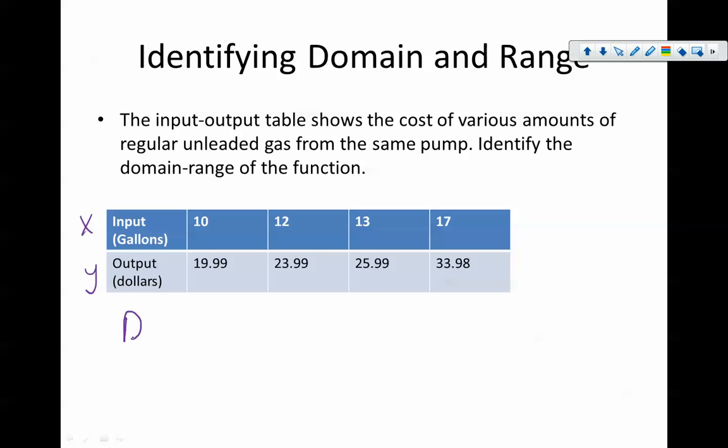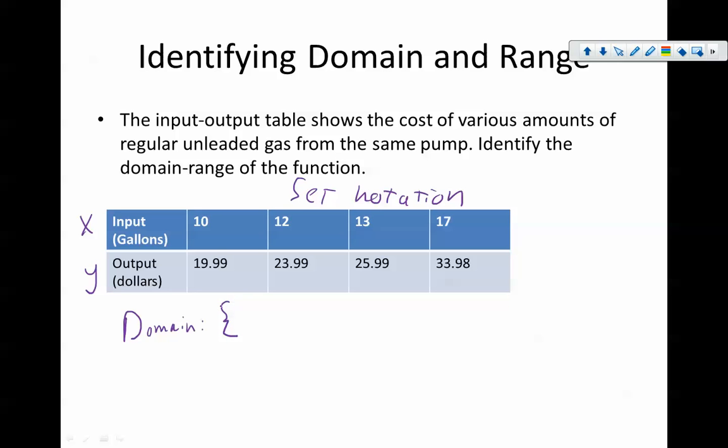Well, the domain is just a list of all of the x values. So I'm going to show you something in what's called set notation of how we generally write these. We want to make a set here, and we're going to use braces to do that. And notice that it looks kind of like a bird flying sideways, right?